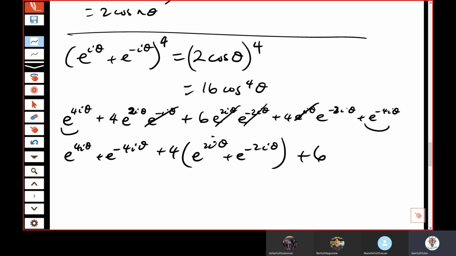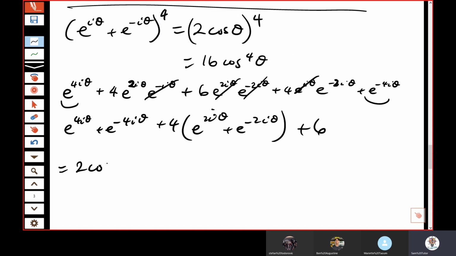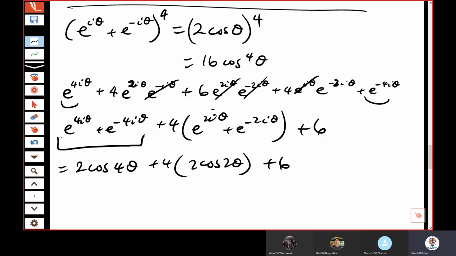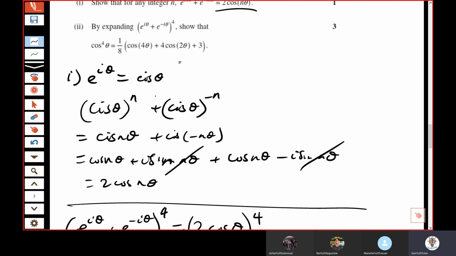You proved e^(niθ) plus e^(-niθ) is 2cos nθ. So what does this straight away just become? 2cos 4θ. What does this become? 2cos 2θ plus 6. Do you get that? No? This e^(4iθ) plus e^(-4iθ), isn't it the same as this?